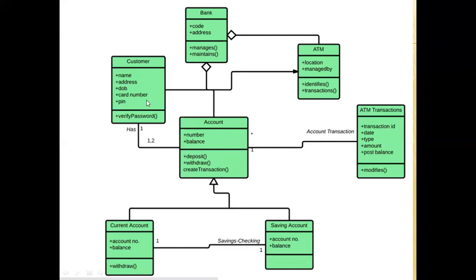So one object can have relationships with different objects. Similarly, the bank has relationships with the ATM, the customer, and the account, and the account has a relationship with the ATM. If any account holder performs some action, it performs ATM transactions.